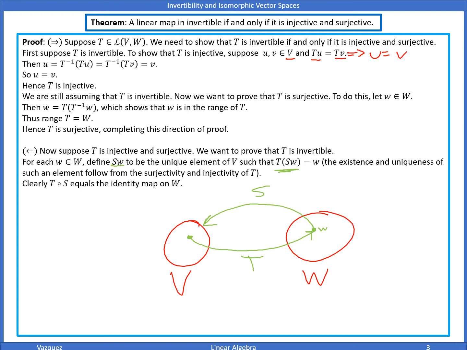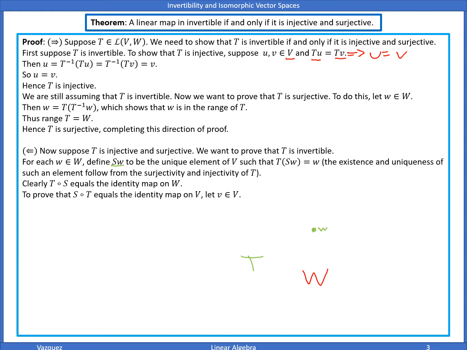But what about S of T, right? So to prove S of T equals the identity map on V, let V be in V, and I'm going to erase this picture just so it doesn't obstruct. Well then, T of S of T of V, what is that equal to? Well, using distributive properties, that's just equal to T of S of T of V. We know these two are what?